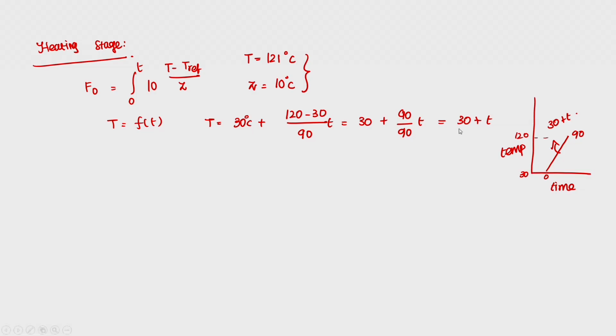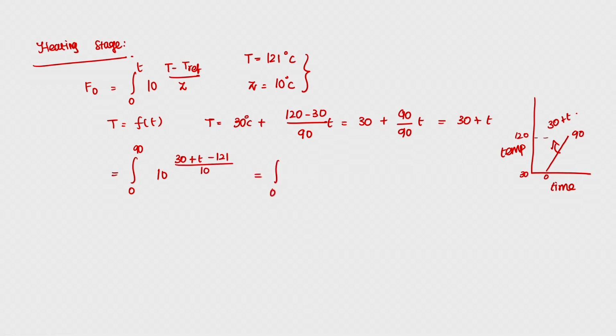So, I know now the temperature as a function of t, and I will substitute here, from 0 to 90 seconds. 10 to the power of (30 plus t minus 121) upon 10, into dt.